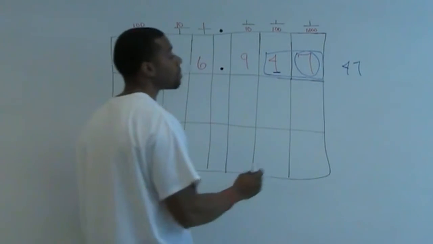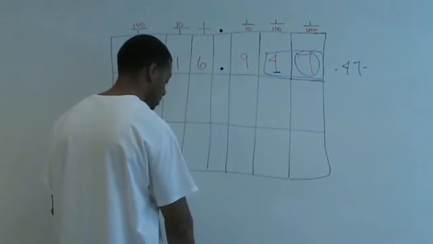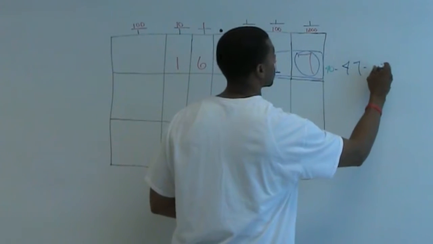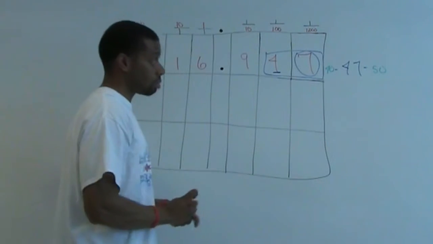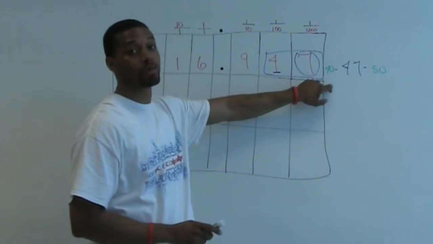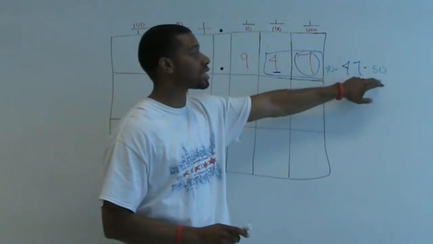If I were to make a number line, all I'm trying to figure out is if 47 is closer to 40 or 50. I know that 47 is 7 away from 40, but it's only 3 away from 50. So that means it's closer to 50.